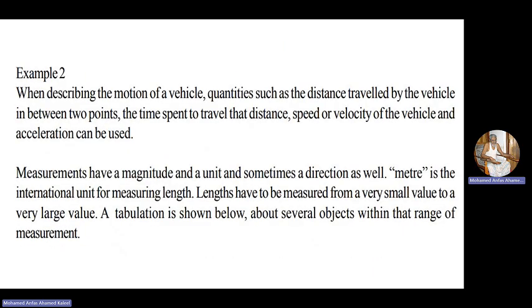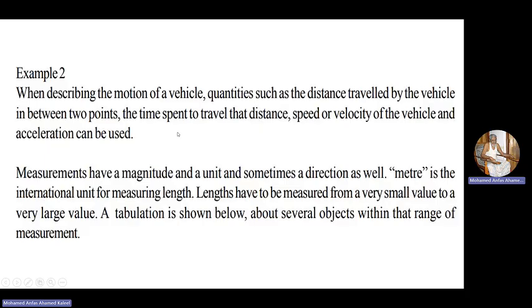Likewise, when describing the motion of a vehicle, quantities such as the distance traveled by the vehicle between two points, the time spent to travel that distance, speed, velocity of the vehicle, and acceleration can be considered.